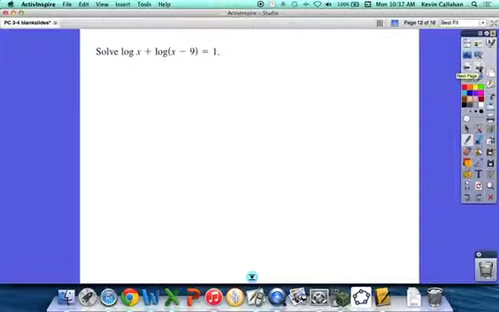Okay, which property do we use first? Say again? We want to combine those logarithms into one. Which property we're going to use? A product property, right? Because it's a plus. The sum of logarithms becomes one logarithm of a product. So that's log base 10 of x times x minus 9 equals 1.